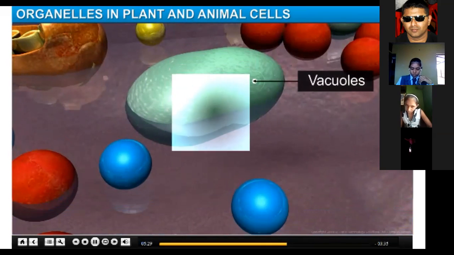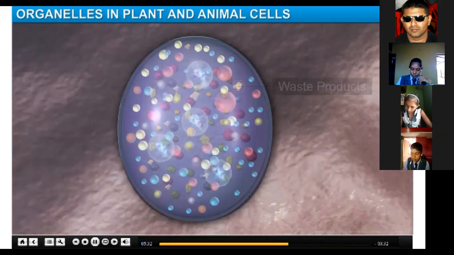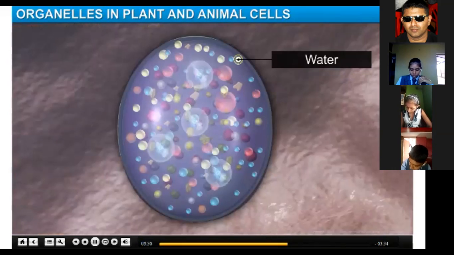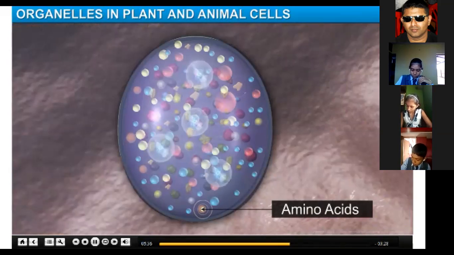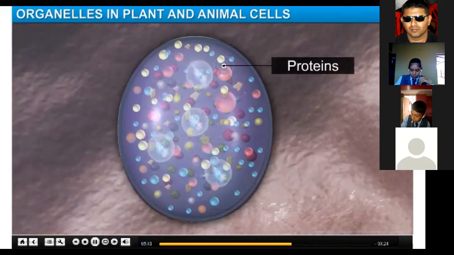Vacuoles store water, energy, and waste products, and substances like amino acids, sugars, and proteins.